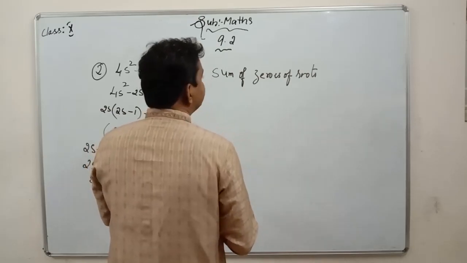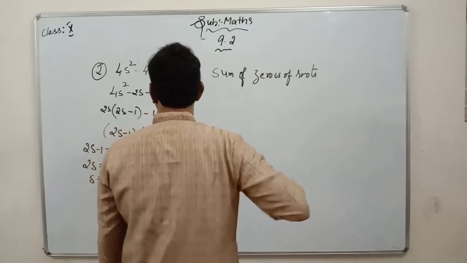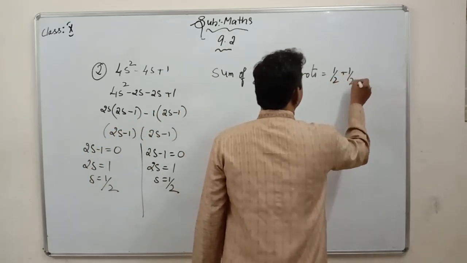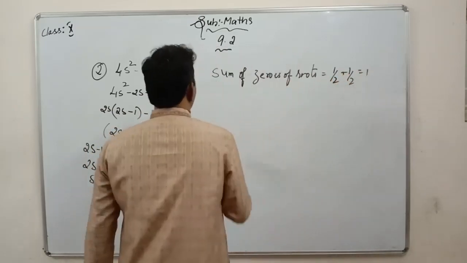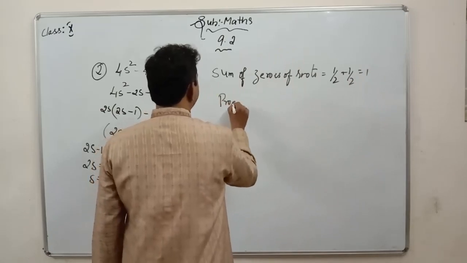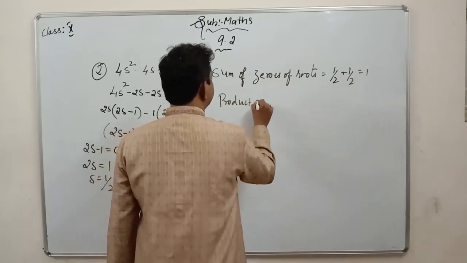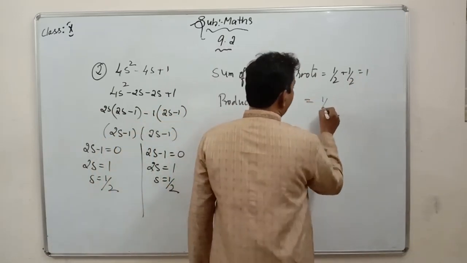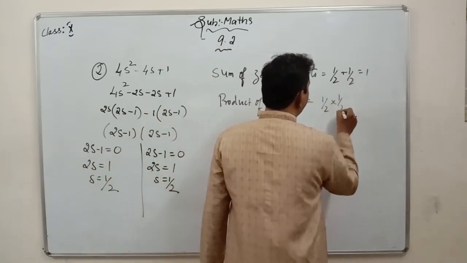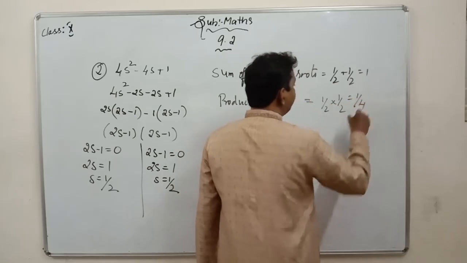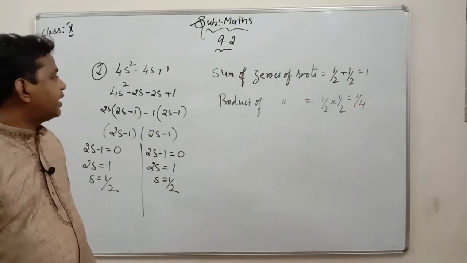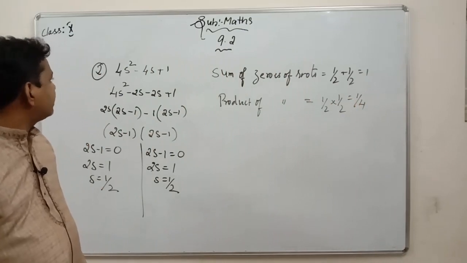So what is the sum of the zeros of the roots? We have half and half, nothing but 1, and product of zeros of the root, you will get 1 by 2 into 1 by 2, that is nothing but 1 by 4. So this is how we are going to find the equation here.